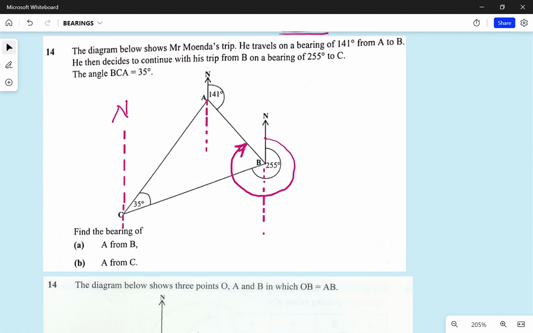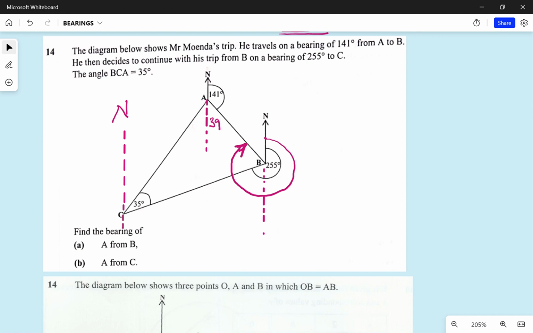The angle here is going to give us the same as the angle there. So this angle is 180 less 141. We're going to have a 39 here, a 39 there.